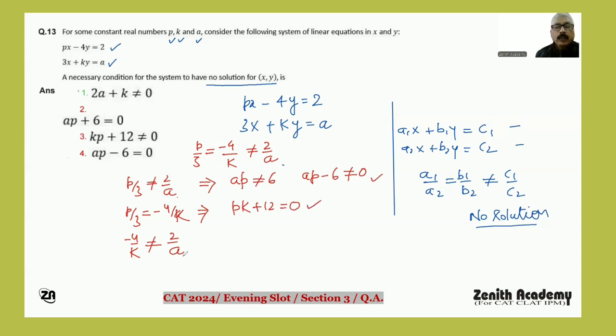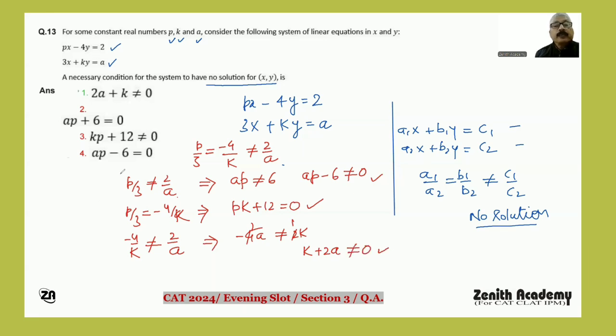And if it is, then minus 4a is not equal to 2k, means, dividing by 2, k plus 2a is not equal to 0.